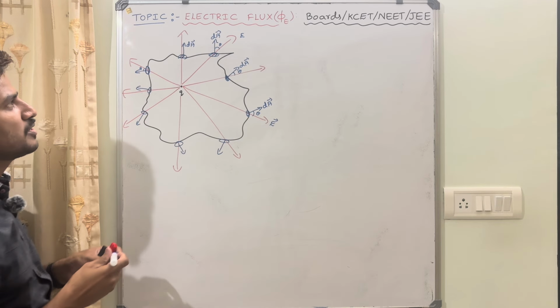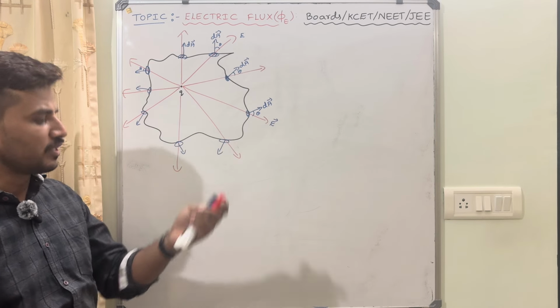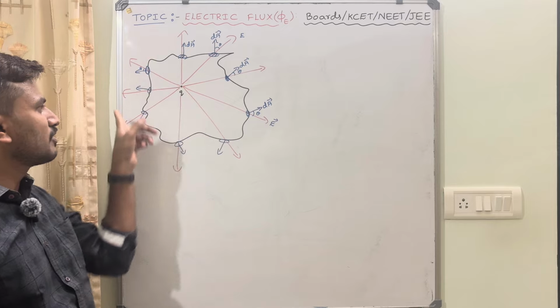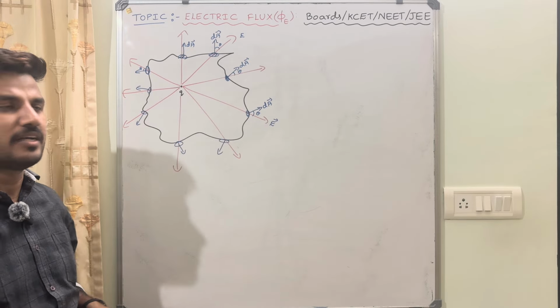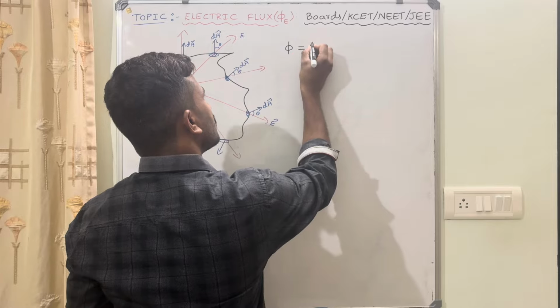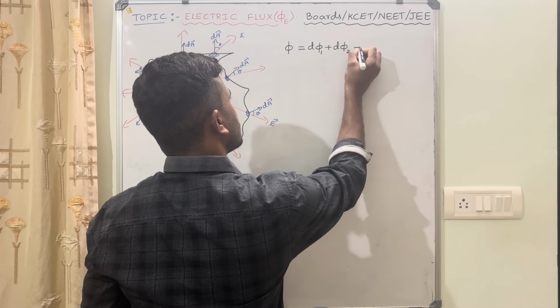So everywhere if you observe, the direction of electric flux is different. So I need to find out the electric flux at each and every point, then we have to add. So the total electric flux is given by the flux at each and every small area.